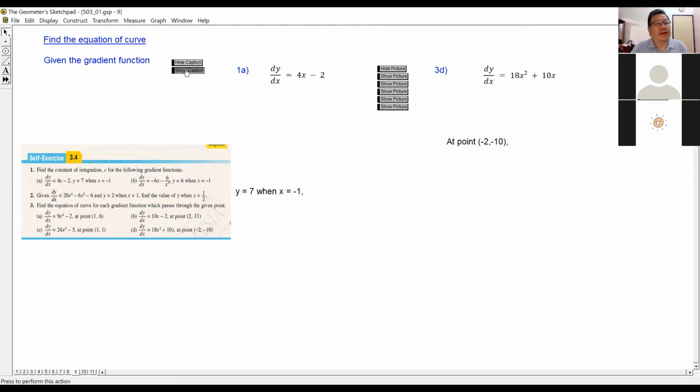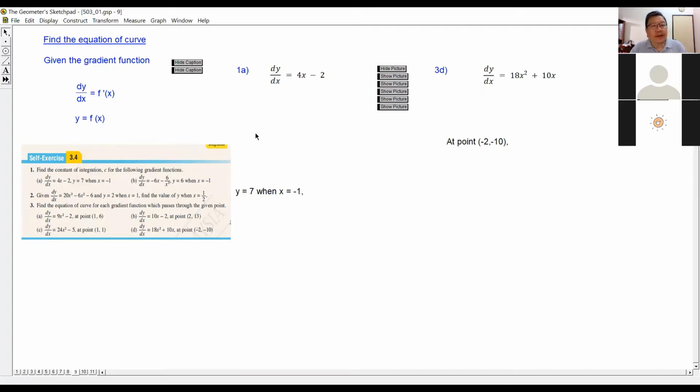It's something like this: you are given dy/dx, the gradient function, which equals f'(x). From there, you have to integrate dy/dx to become y. Then f'(x) becomes the original equation of the curve, which is f(x).